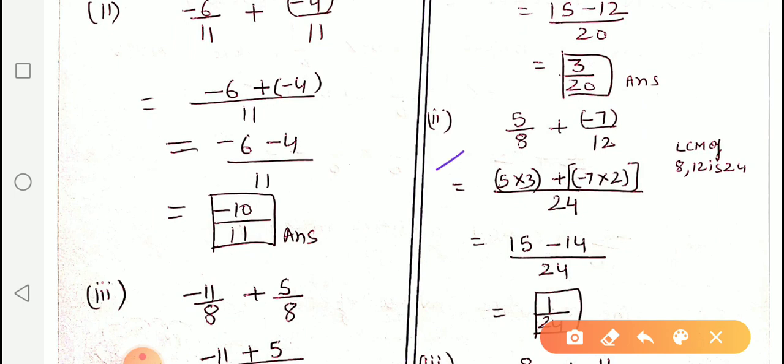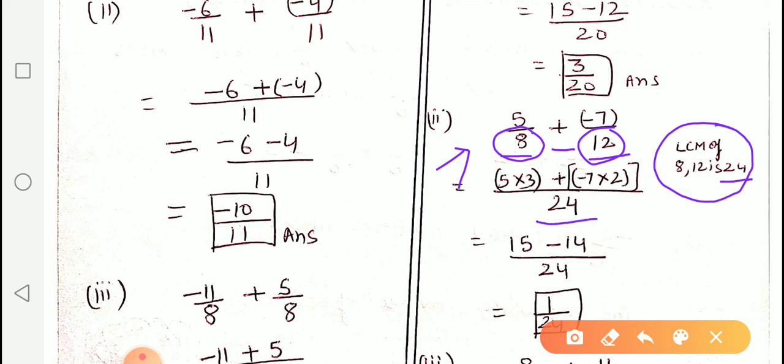Here the second part is 5 upon 8 plus negative 7 upon 12. Again here the denominators are different, so we have to find out the LCM of 8 and 12. It is 24. Here we have written the LCM. Now for numerators, what we will see?